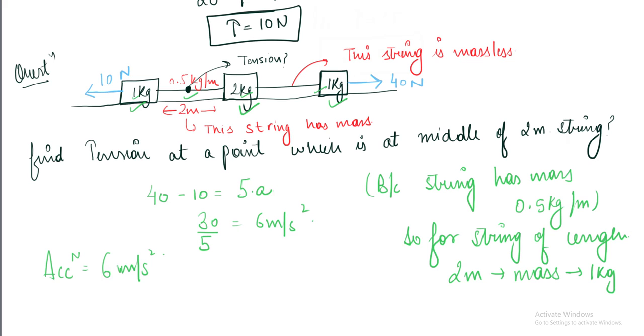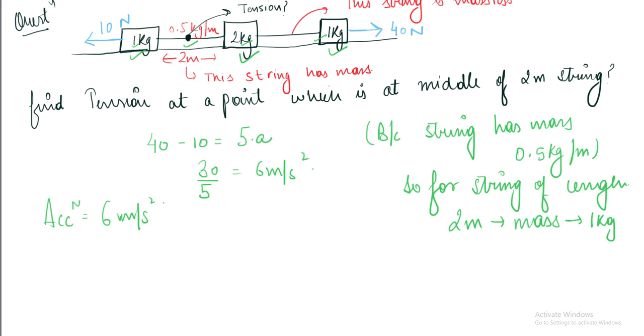Now for tension, this system is moving towards the right side with acceleration 6 meter per second squared. So consider this is the 1 kg block and the string up to the middle, so 0.5 kgs because the length is 1 meter.